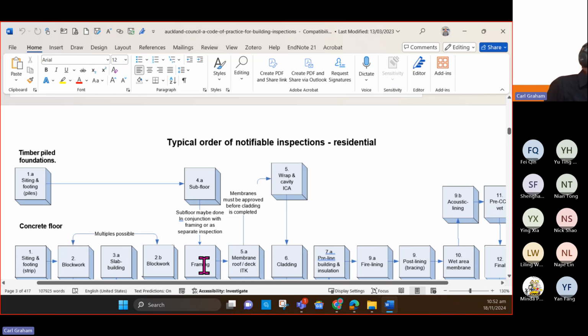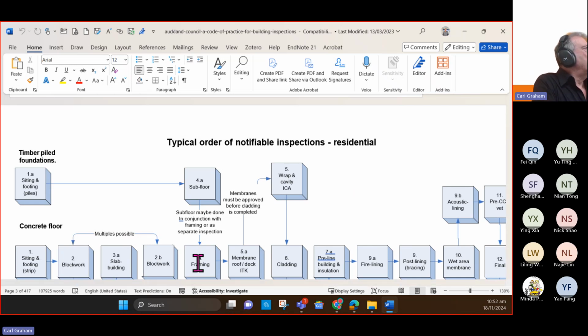So you'll have a framing down here. It might be not called a framing, it's called a pre-wrap. So same concept, same idea, is just a bit different. And I think it's probably worthwhile knowing this inspection here, framing, was brought in the late 1990s because we were finding too many problems. All right.